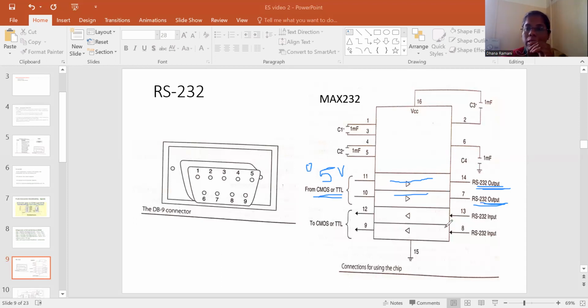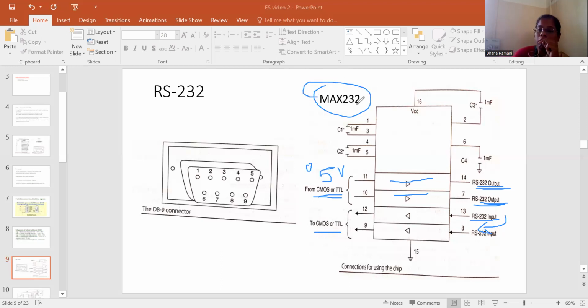On the receiver side, we will again be receiving the signal in the RS232 standard, in the range of -3 to -25 and +3 to +25. This has to be converted back to TTL or CMOS logic, 0 to 5 volt, and that conversion will be done with the help of this MAX232 IC.